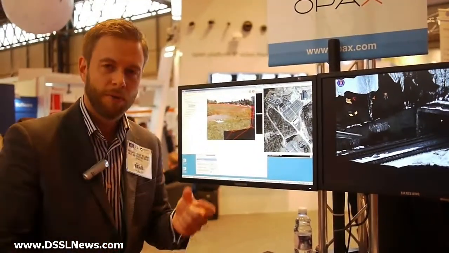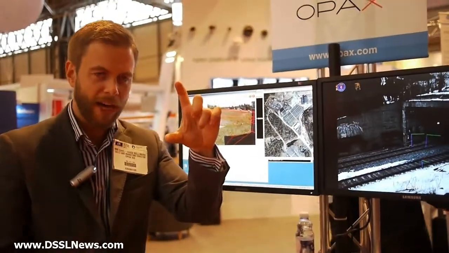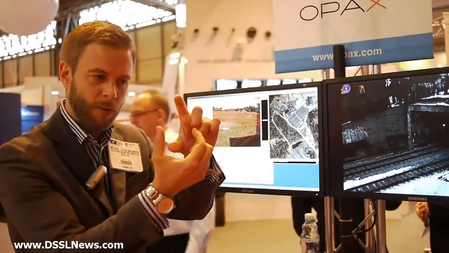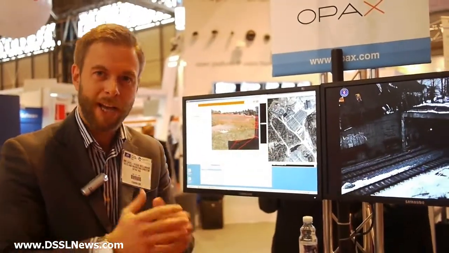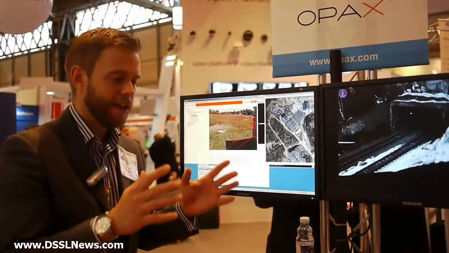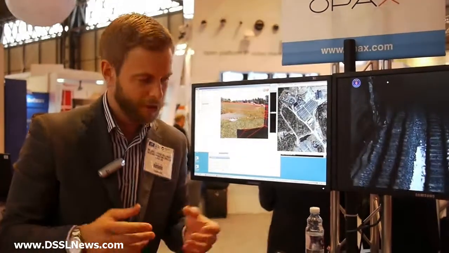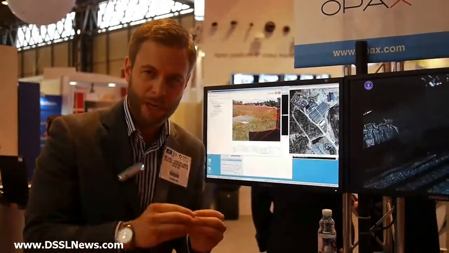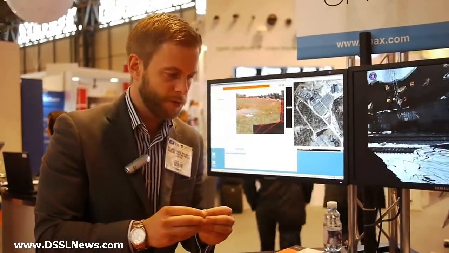Number two, we see how many pixels are moving. If it's 12 pixels on the height and 4 pixels on the width, 35 meters away, we probably have a human. Then of course there are certain other aspects of this I cannot tell you about, but which make the classification extremely accurate. This is very important to avoid false alarms.